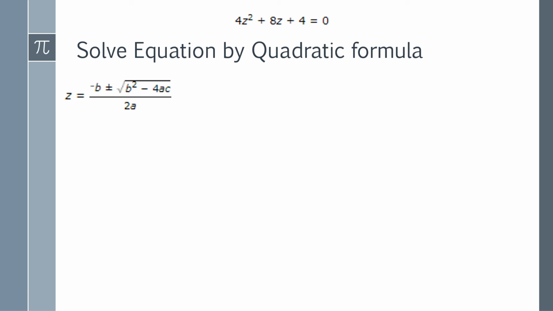Alright, so let's do it. So by now you should know 4 is being A, 8 is B, and 4 is C. So you just put them in places. So 8 was the B term, but we took its opposite.